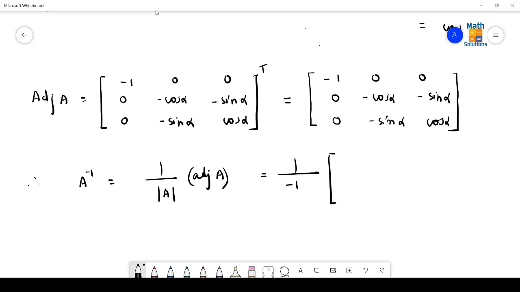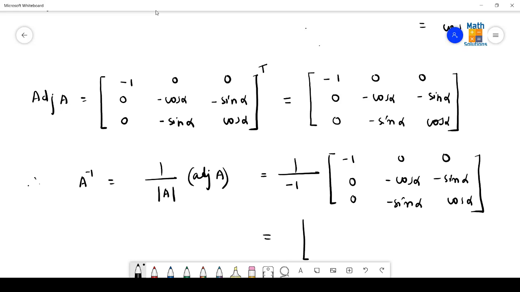So minus 1 times the adjoint, and after this we shall get 1, 0, 0, then 0, cos alpha, sin alpha, then 0, sin alpha, minus cos alpha. So these are the elements of the inverse of this matrix. Thank you.